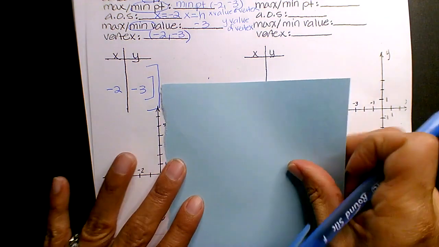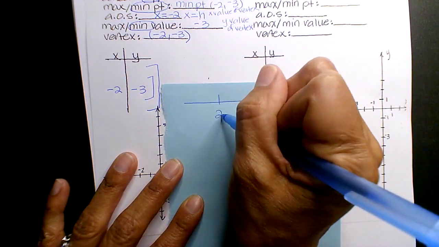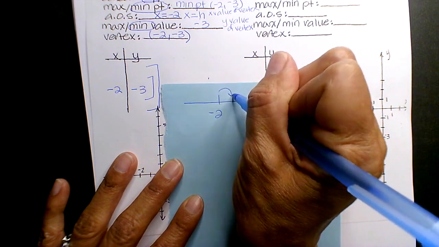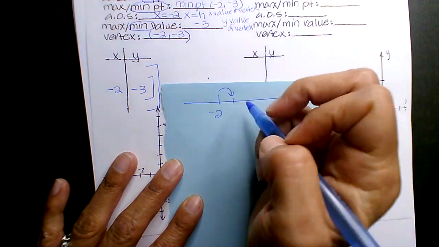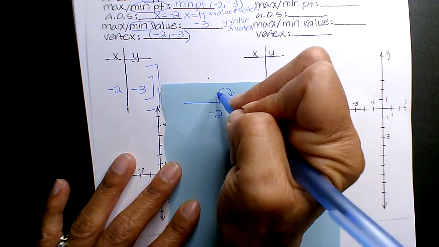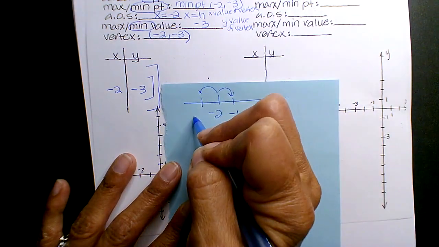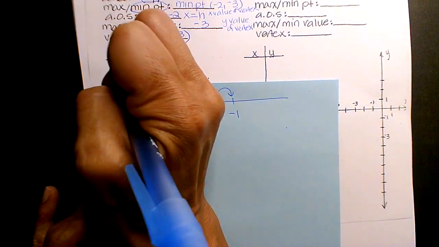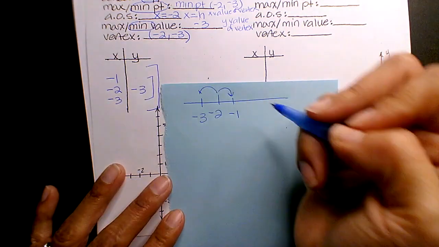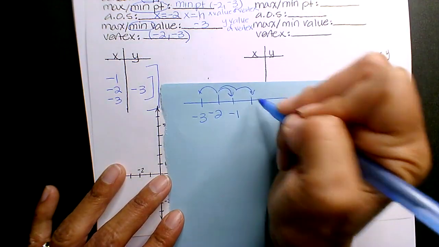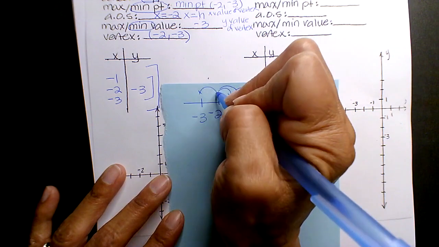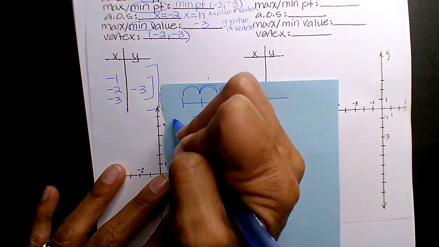If this is negative 2, if I go 1 unit to the right, what's this number? Negative 1. So negative 1, negative 3. And then if I go 2 units to the right, what's this?